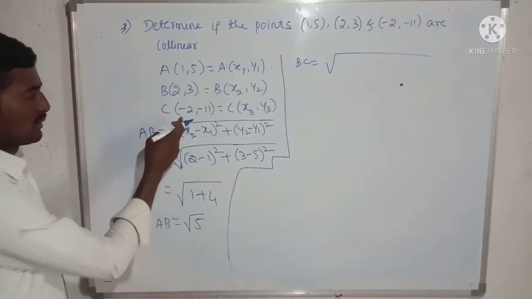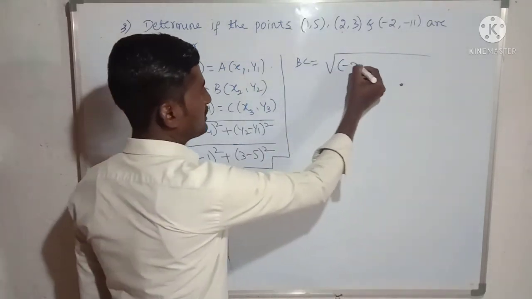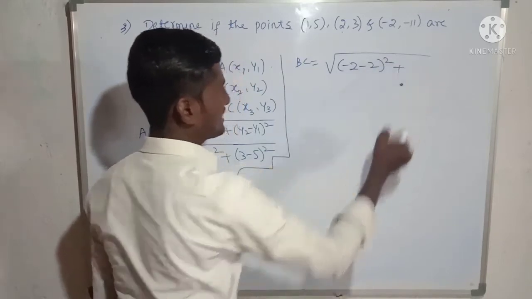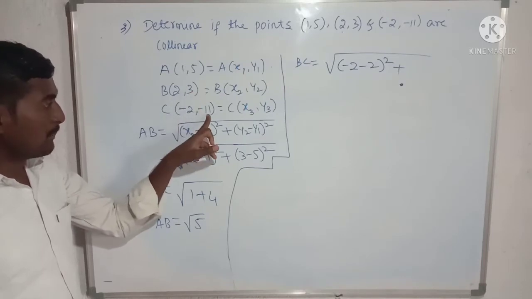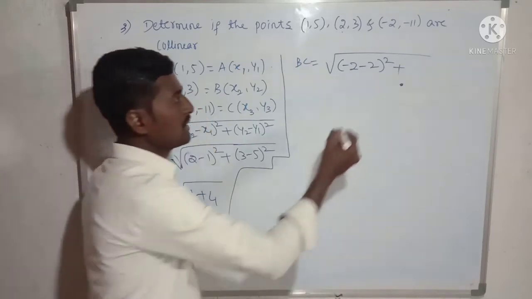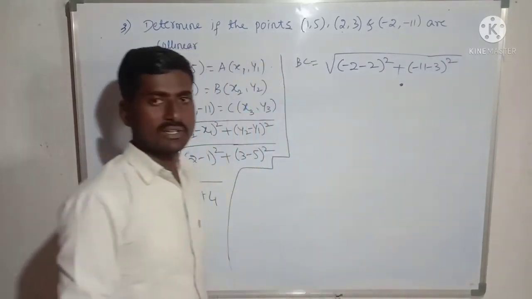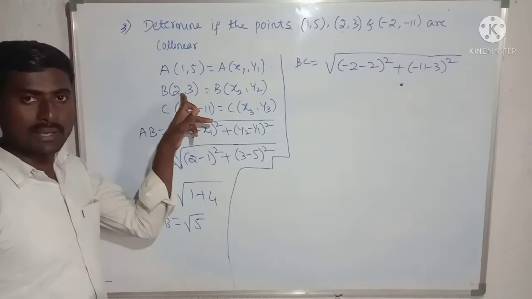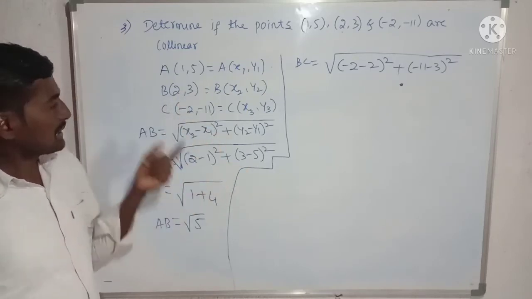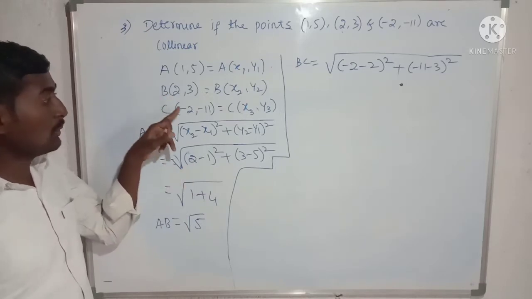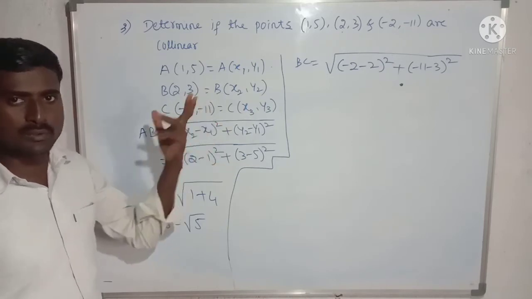So x coordinate, minus 2 whole square, plus y coordinate, minus 11 minus 3 whole square. Otherwise like this also you can write 2 plus 2 whole square plus 3 plus 11 whole square. The same answer you will get.